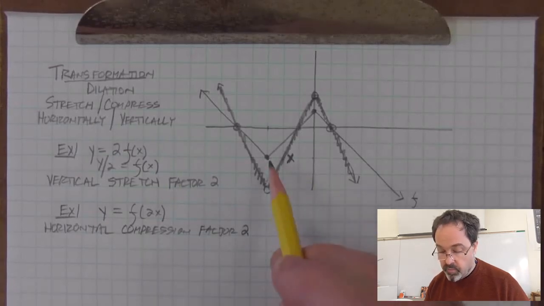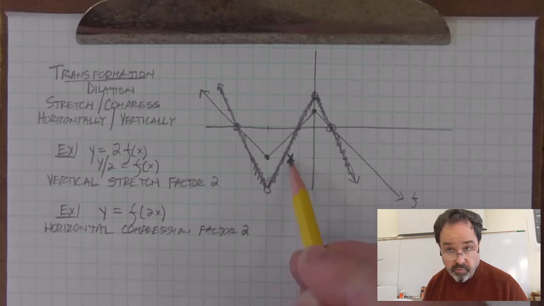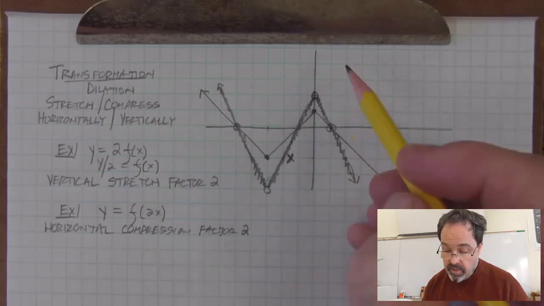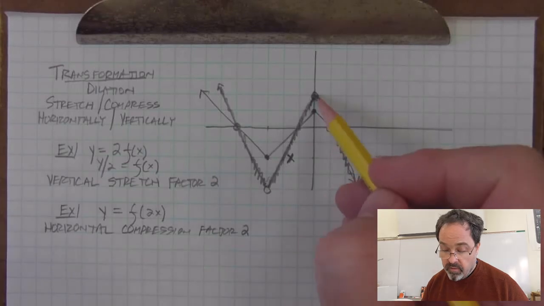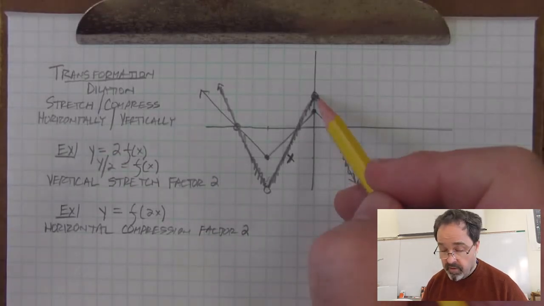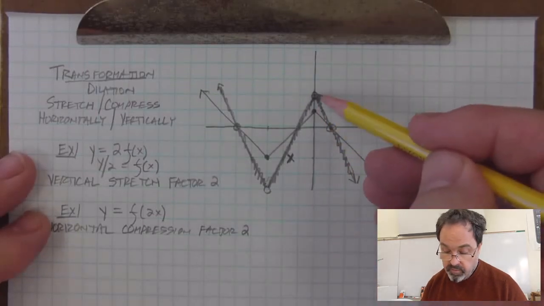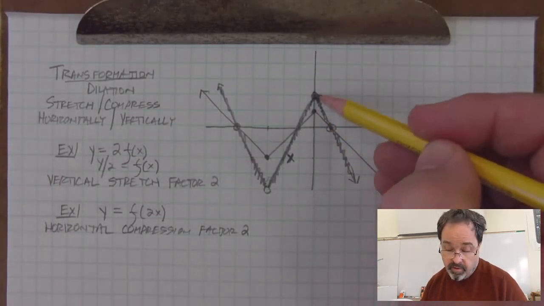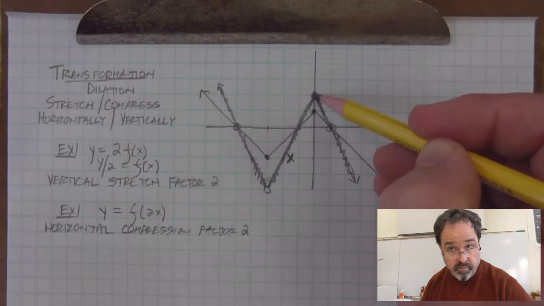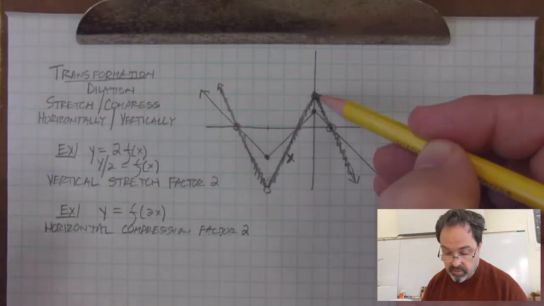I'll put an x to show where this point was dilated to. A point that lies on the vertical axis does not have a horizontal distance. The horizontal distance between this point and the y-axis is 0. So after the dilation, it doesn't move.